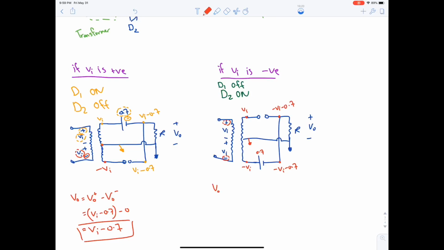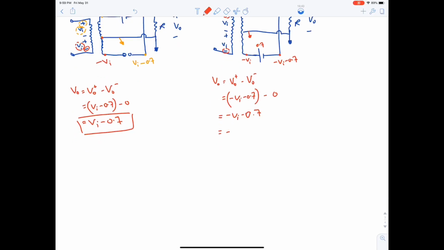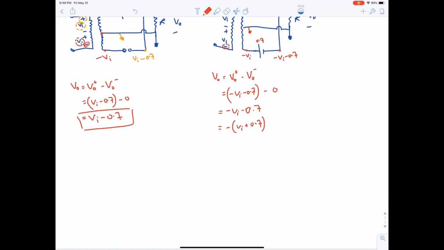So V output is VO positive minus VO negative. VO positive is minus VI minus 0.7 and the negative terminal is 0. Hence the answer is minus VI minus 0.7. Factoring out the minus, you will end up with VI plus 0.7. Okay, this will help in sketching the curves.